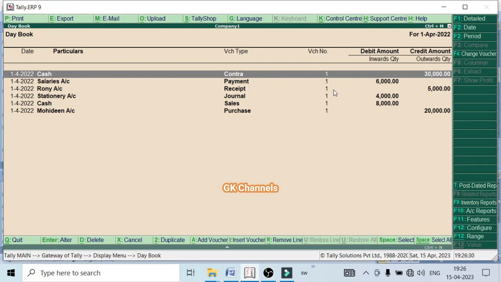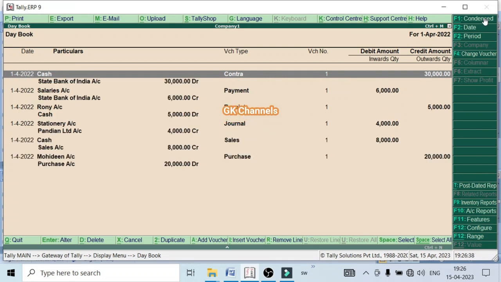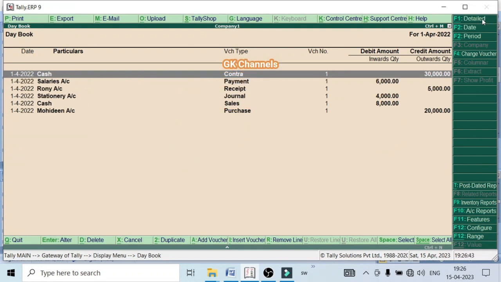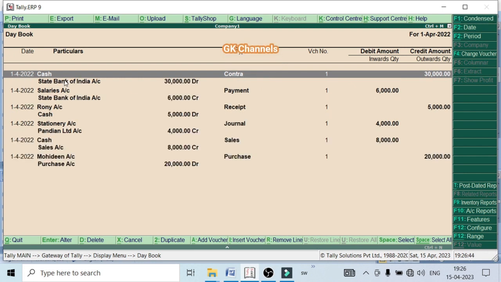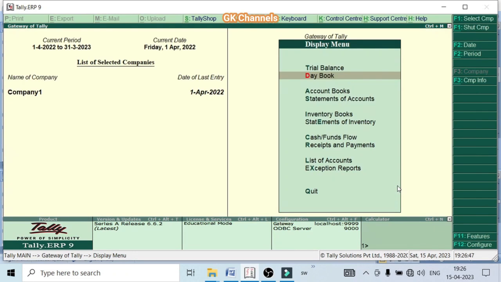For a detailed view in the right hand side vertical bar I can select Alt F1 detailed button, which will show both the credit and debit part of the ledgers. So in this way we have made entry of 6 basic accounting vouchers. Thank you.